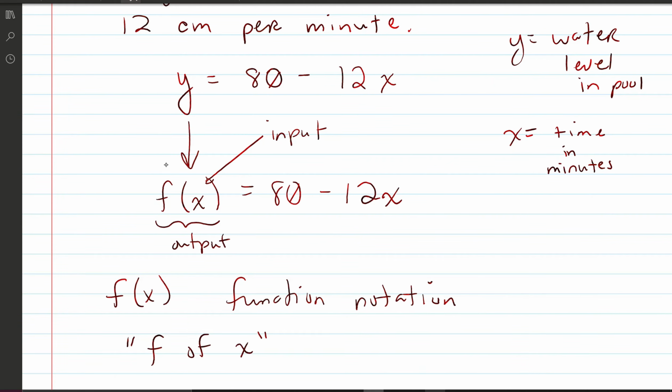And in other problems, you'll see they'll use g of x or h of x, or maybe if it's an applied problem, a business problem, they may use p of x for profit, or h of x for height, or something like that, just to represent whatever they're talking about. But usually in a math problem, they'll use f of x, g of x, h of x, and from this point on, you'll understand this as function notation, and that f of x really represents y.